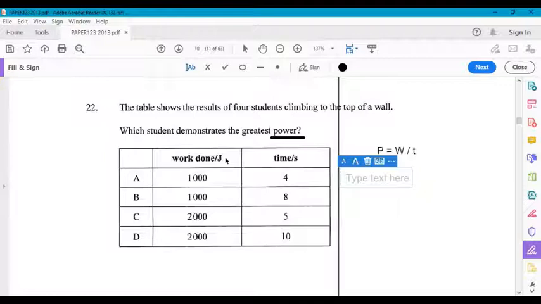You cannot just look at the values for work or the value for time. You need to calculate the actual ratio and then compare them to see which one is the biggest. So I'm going to tell you to pause the video now, work that out, and then come back and see if you get the same answers as me, and we'll see the correct answer.